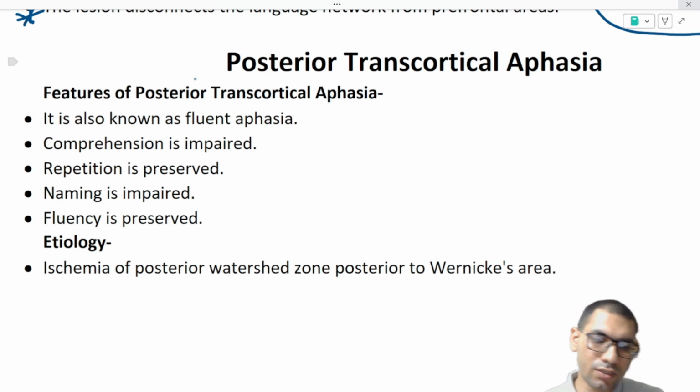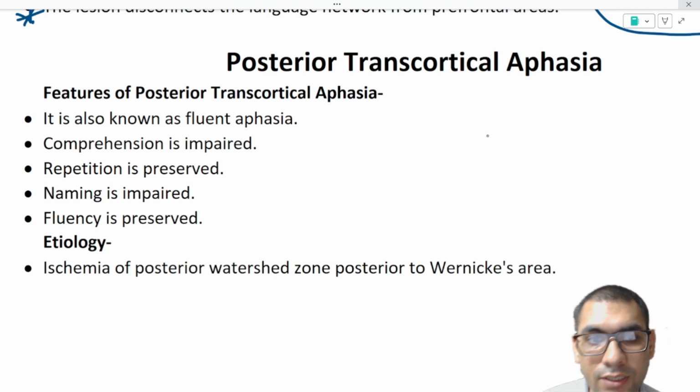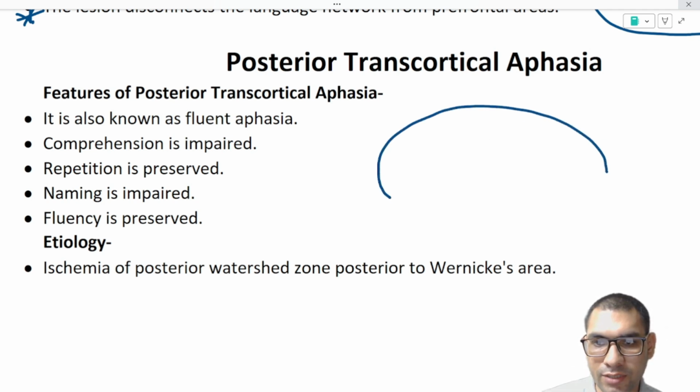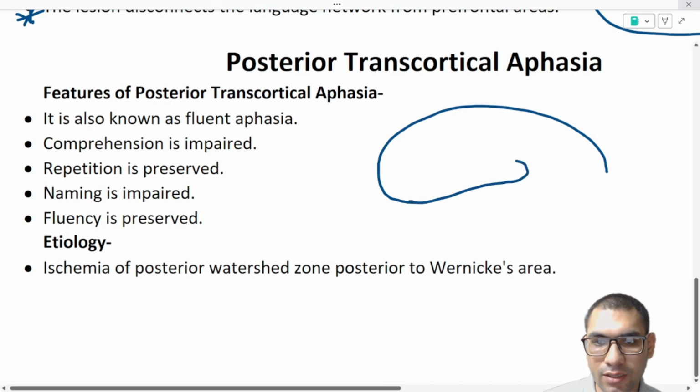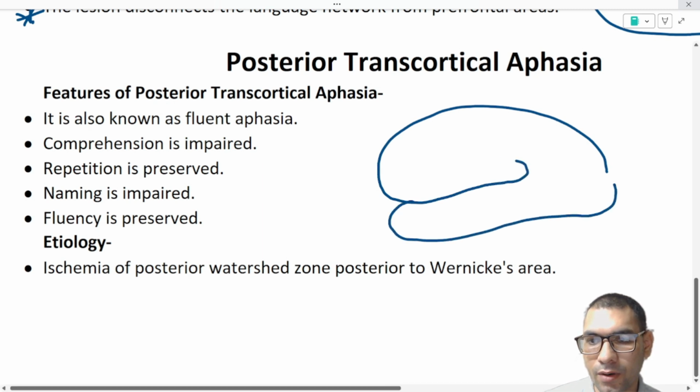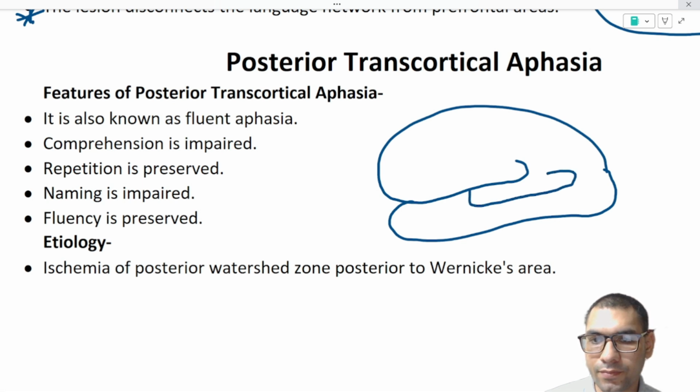I think we must understand the anatomical basis of posterior transcortical aphasia. As the name suggests, posterior, we must draw a diagram of the cerebral hemisphere of the cerebrum. This is the Wernicke's area. This is the auditory area.